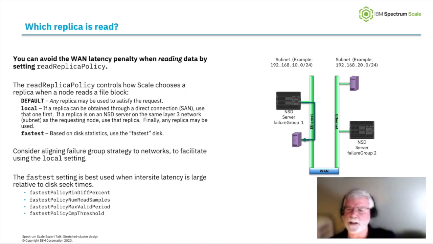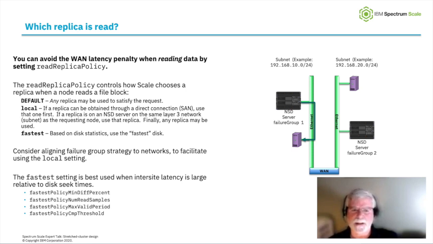But for this to work, we need to be sure that all the systems at the first site are on one layer 3 subnet, and at the other site are on another layer 3 subnet. And this is actually pretty common for most enterprises. But you need to be sure everything is on one layer 3 subnet at one site. The other is all a layer 3 subnet at the other site.